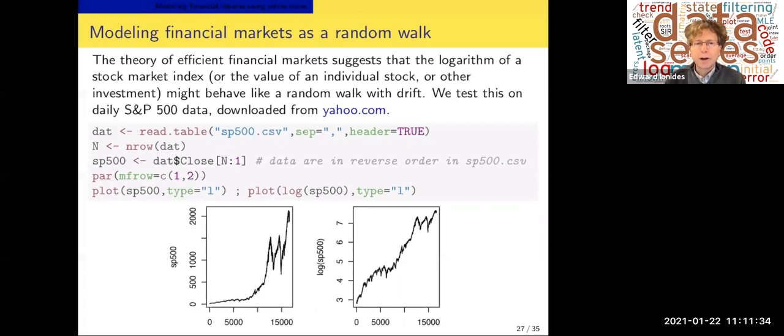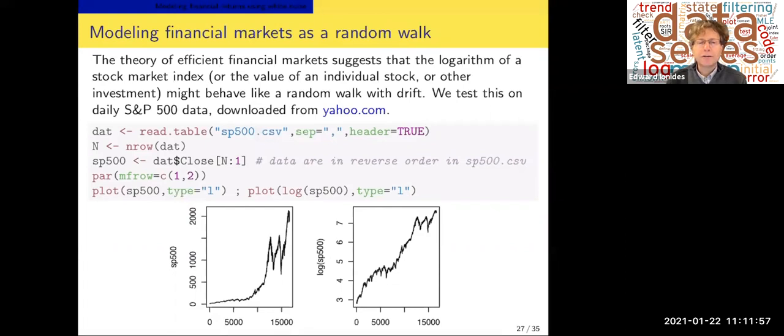Okay, so let's look at some data to investigate this. Here I got some data downloaded from Yahoo. It's the S&P 500 index over a certain time interval. Here we're just plotting the data. The data's on the left at the bottom.